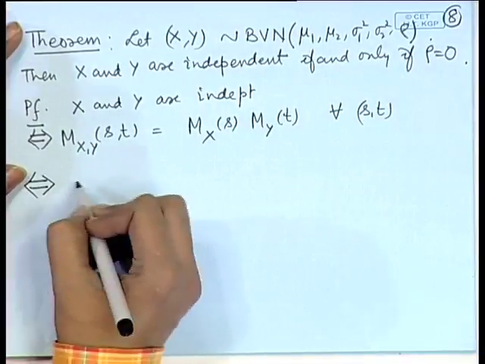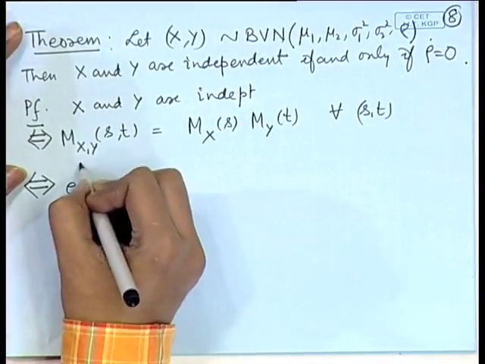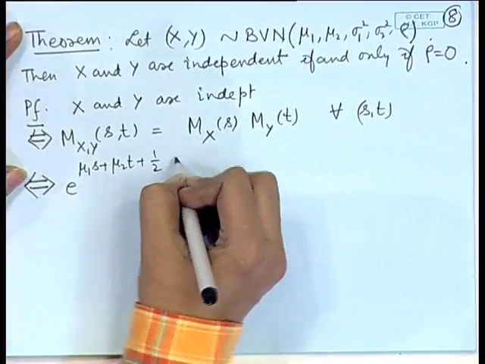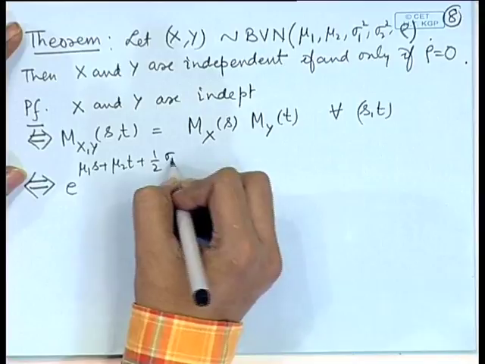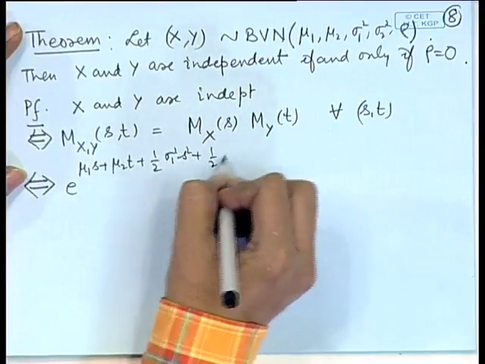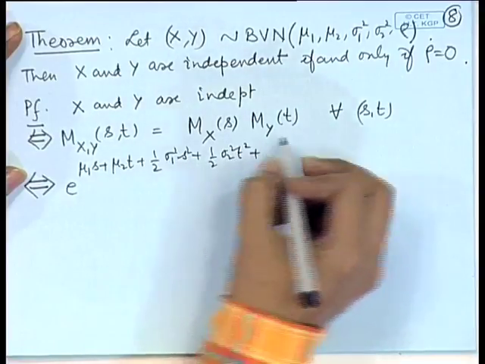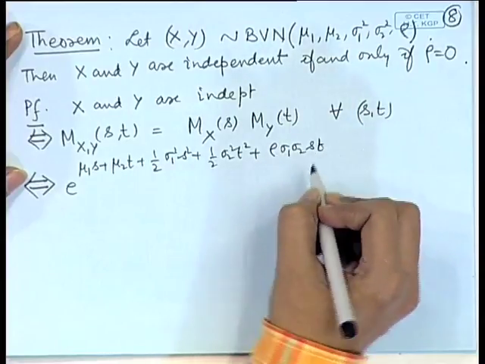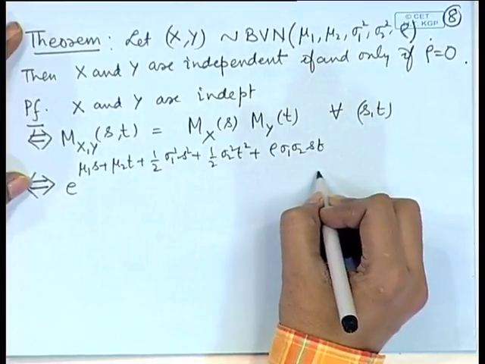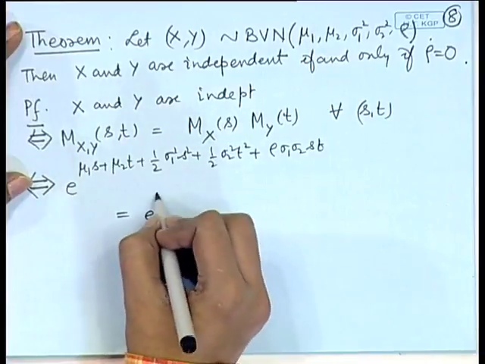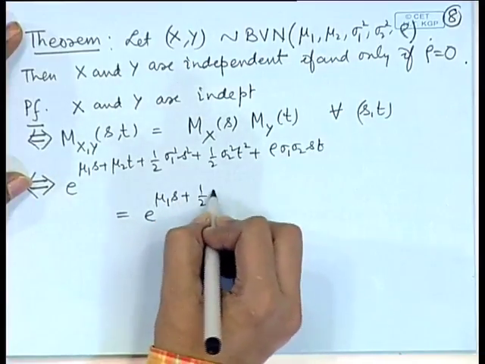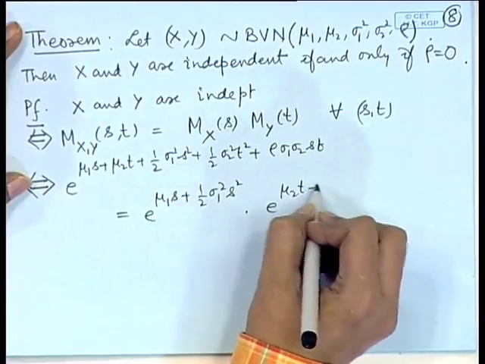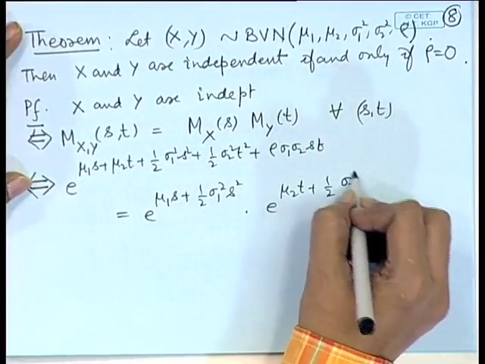Now, this is equivalent to e to the power mu 1 s plus mu 2 t plus half sigma 1 square s square plus half sigma 2 square t square plus rho sigma 1 sigma 2 s t equal to e to the power mu 1 s plus half sigma 1 square s square times e to the power mu 2 t plus half sigma 2 square t square.